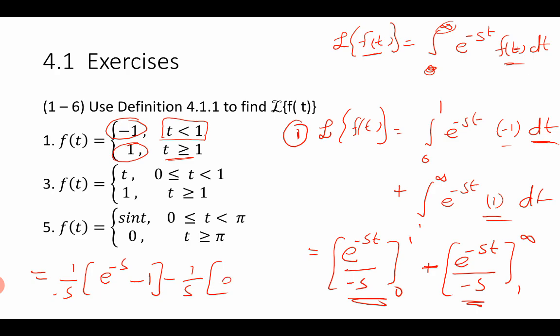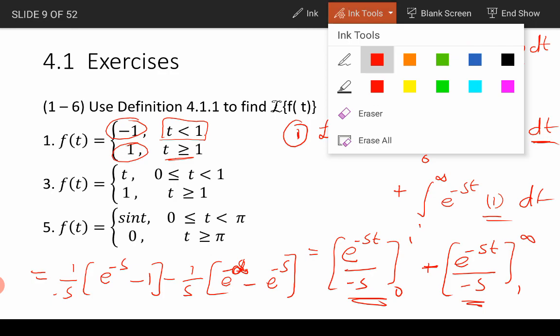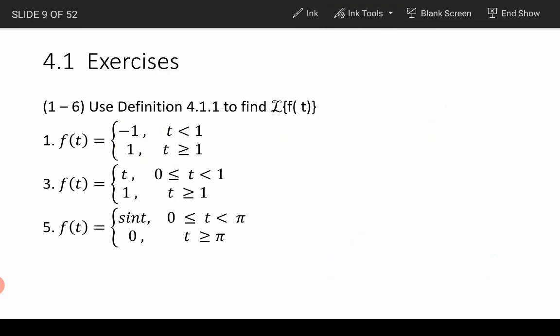At t is 1, e raised to minus s, and at t equal to infinity, e raised to minus infinity, the upper limit, which will be 0, minus e raised to minus s. And now simplify this one. What do you get? Simplify.